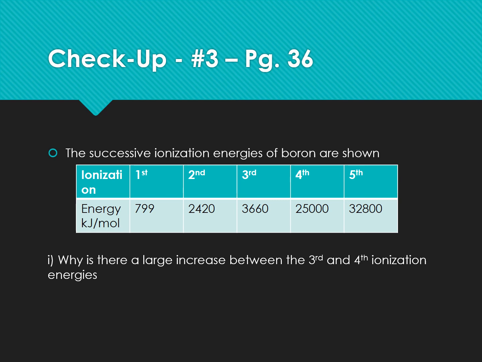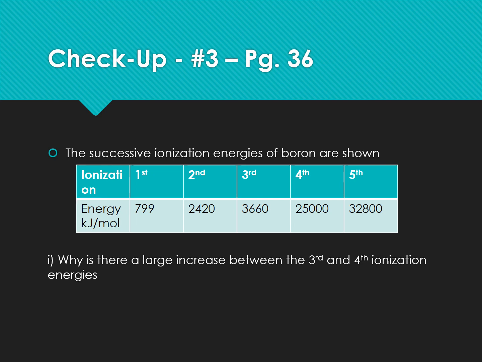Alright, page 36, talking about boron. Why is there a large increase between the third and fourth ionization energy? Again, boron has 5 electrons total, and the outer 3 are in the second energy level.